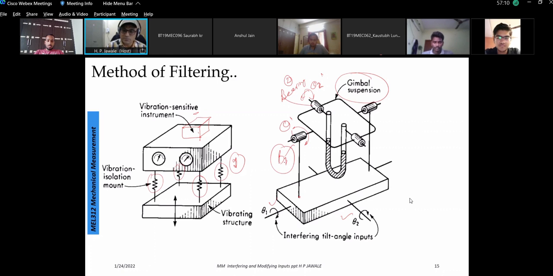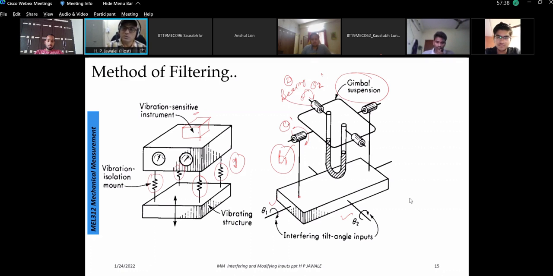So at this gimbal support, we can have an elimination of the change in the angle theta 2 and theta 1. We can make this theta 2 as close as 0. This is called a gimbal suspension. This is again a mechanical filter, keeping the inclination or orientation and position of your measurement device very much to the ideal condition.